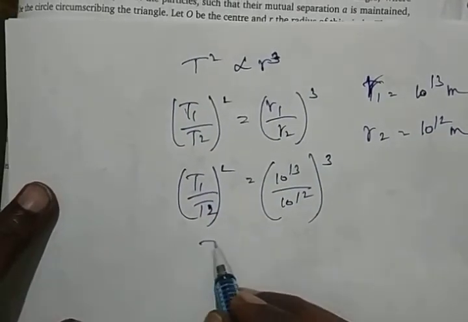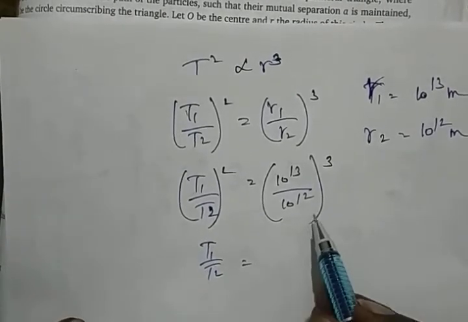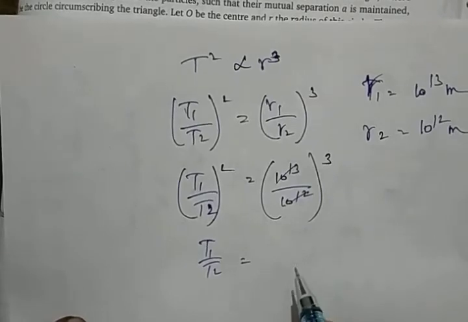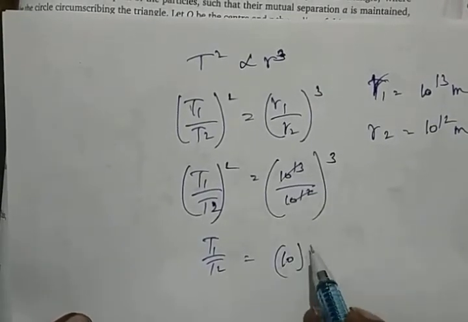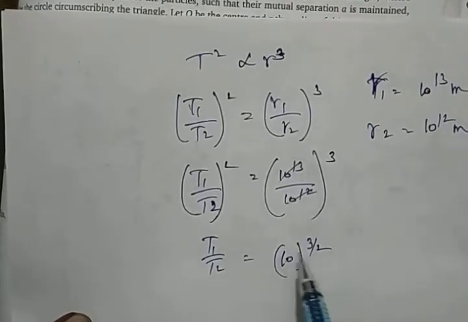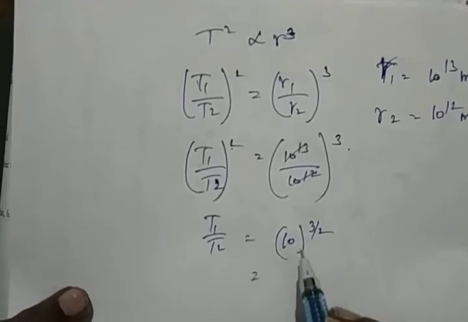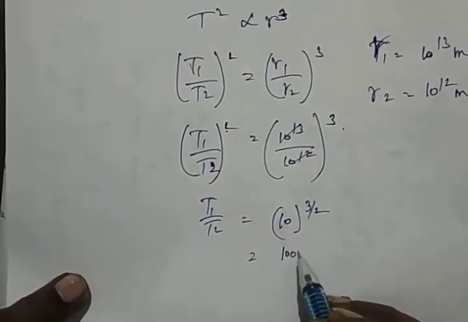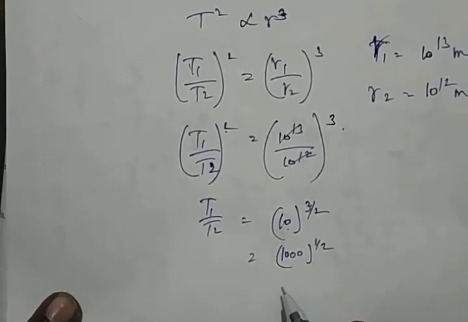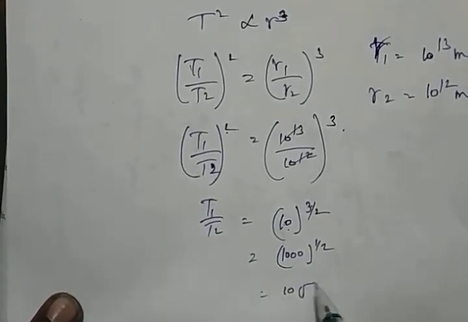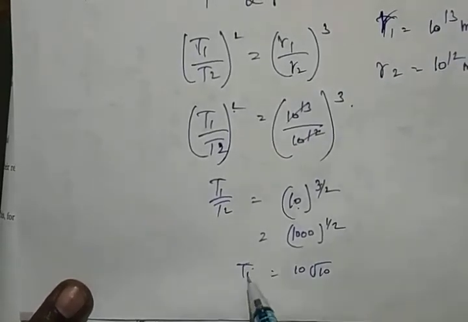If you want to find only T1 by T2, what will happen here? Anyhow, this gets cancelled. What you will get remaining? 10 only. 10 to the power of 3 by 2, because the square is now taken, it will become 3 by 2. So it's going to be 10 cube to the power of 1 by 2, that is 1000 to the power of 1 by 2. So 1000 will become 10 under root 10. 10 under root 10 is T1 by T2.